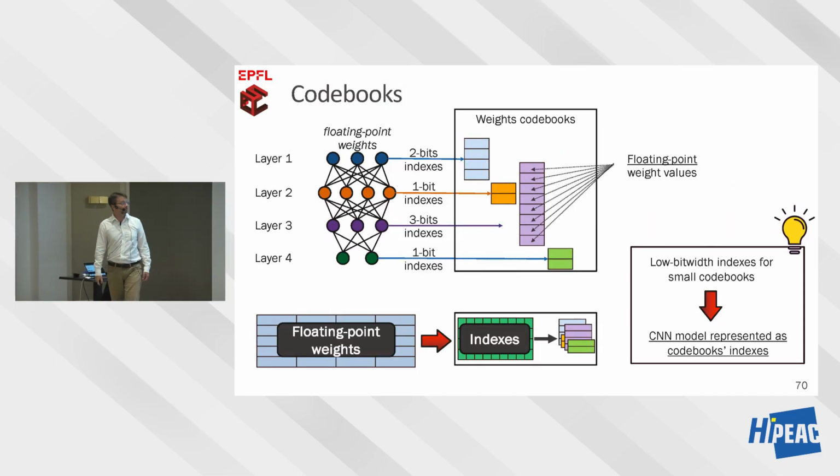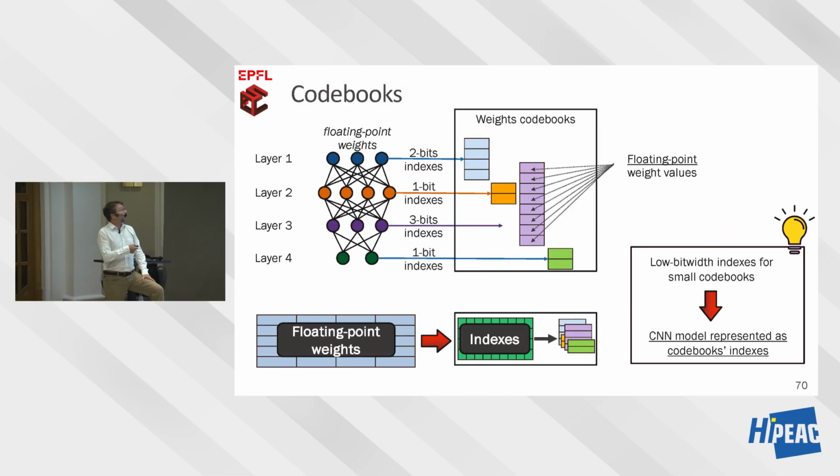What is the trick here? So here we're saying, okay, actually, I don't want to represent my model in terms of weight values, but I want to represent my model in terms of indexes, and these indexes index a table containing floating point values, but only a few of them.